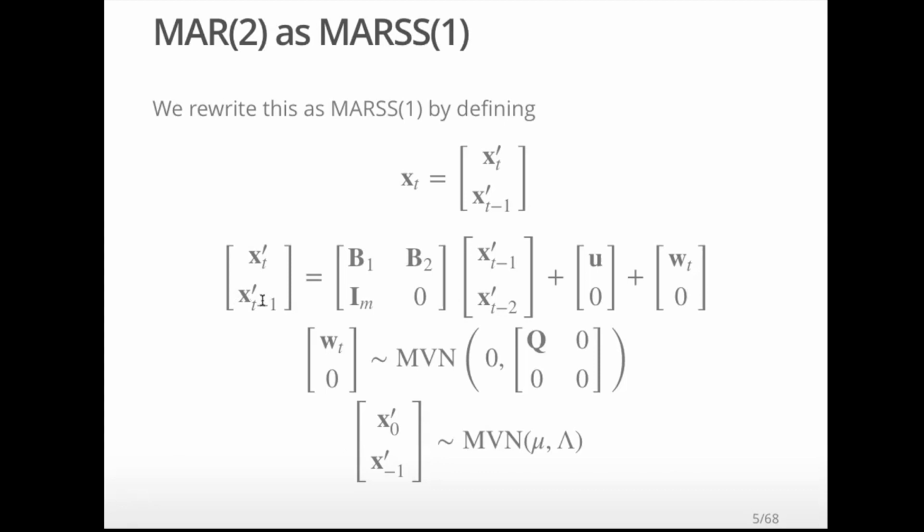I just need to keep track of putting the x at t minus 1 in the right place down there, so I don't want any error added. So I'm going to have a Q up here, and then I have 0 down there. So that's the trick of how you can write that multivariate autoregressive lag 2 as a state space model.